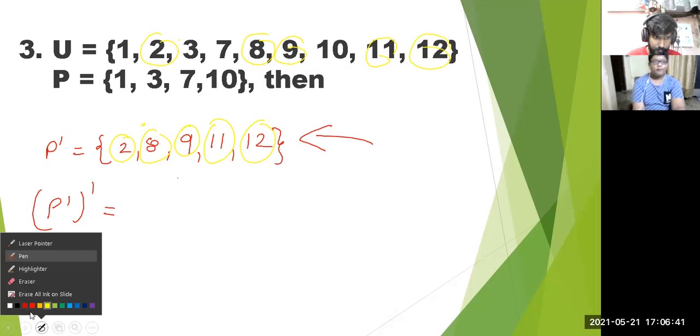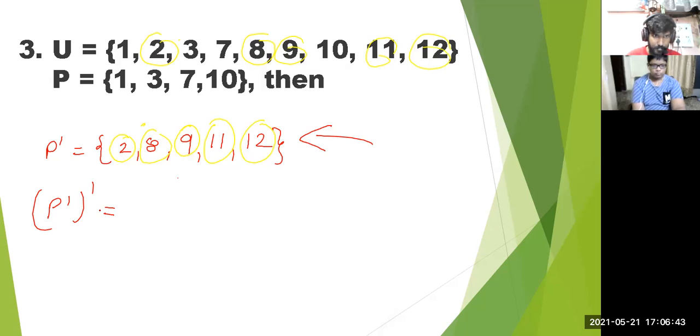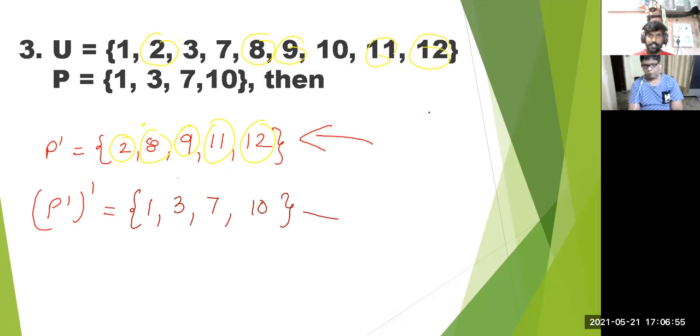Now can you tell me the complement of this set? Yes, sir. 1, 3, 7, and 10. Now what can you tell me of this and this? It is the same set.